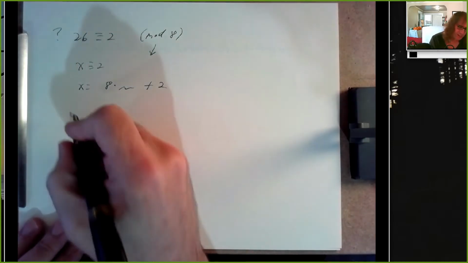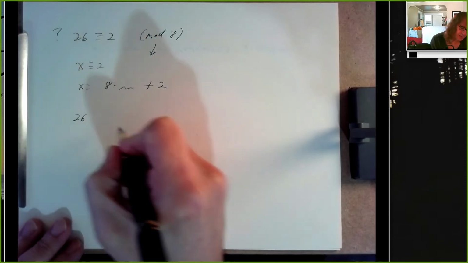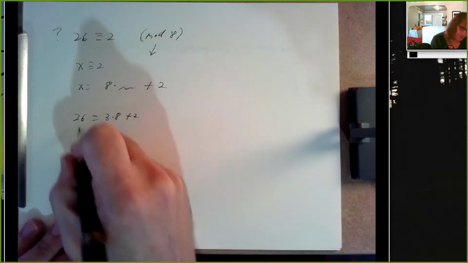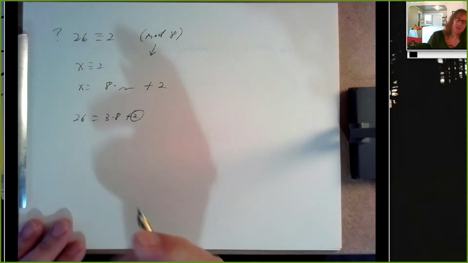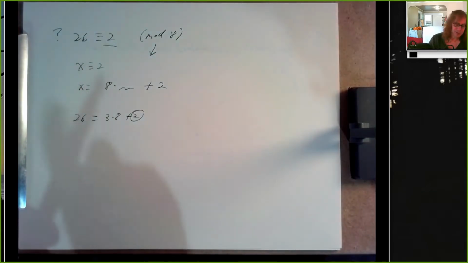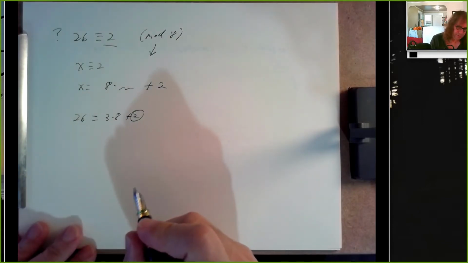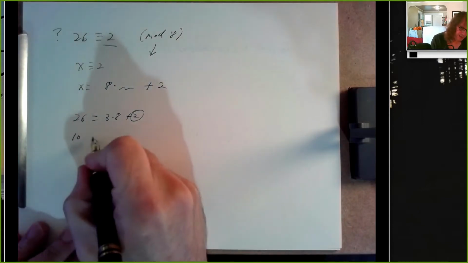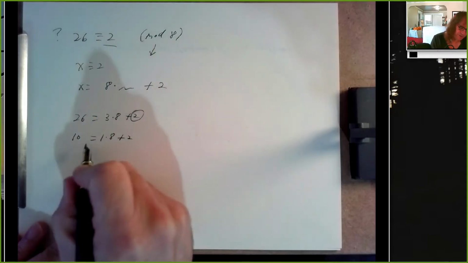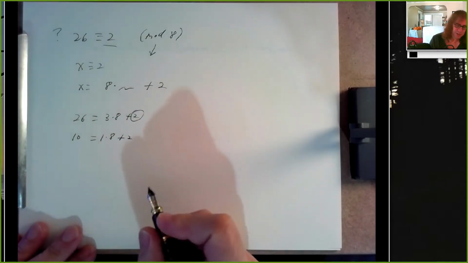So 26, if we try to reduce 26 mod 8, that's actually 3 times 8 plus 2. So the remainder, when you divide 26 by 8, is 2, so that is congruent to 2. It also turns out 10 could be written as 1 times 8 plus 2, so 10 is also congruent to 2.